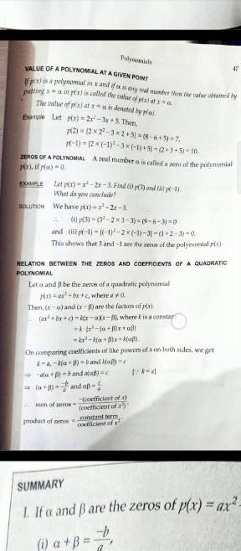So the value of the polynomial at x equal to 2 is 7. Similarly, we put x equal to minus 1, and minus 1 is also a real number, then the value of the polynomial at x equal to minus 1 is 10. So by this process we can find the value of a polynomial at any given point.